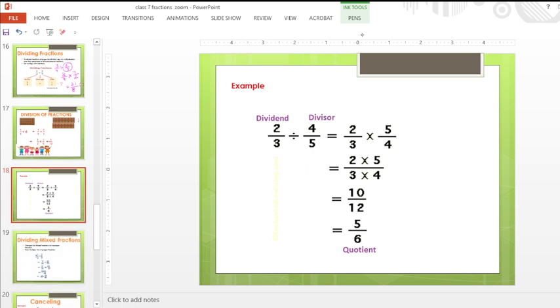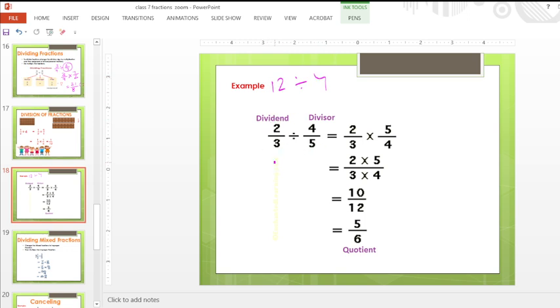Next, one more example. This is the dividend. The first one is always the dividend, and the divisor is the next one, because you're dividing. For example, in whole numbers, you know that 12 divided by 4, this is the dividend and this is the divisor. Same thing is with the fractions.